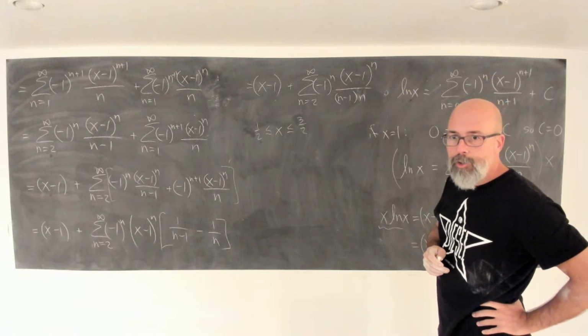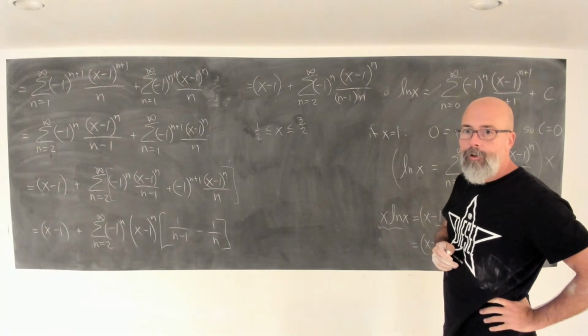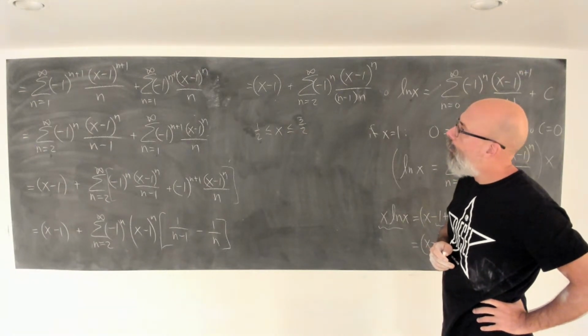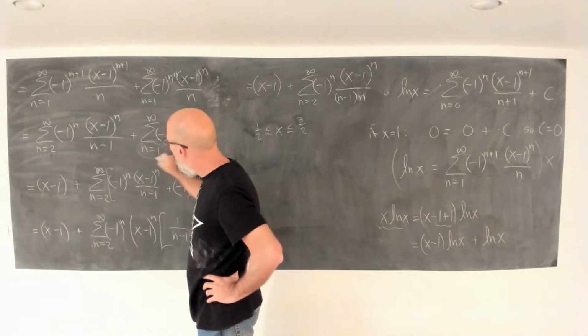Where does the x minus 1 in front come from to the left of the board? This is the n equals 1 term.